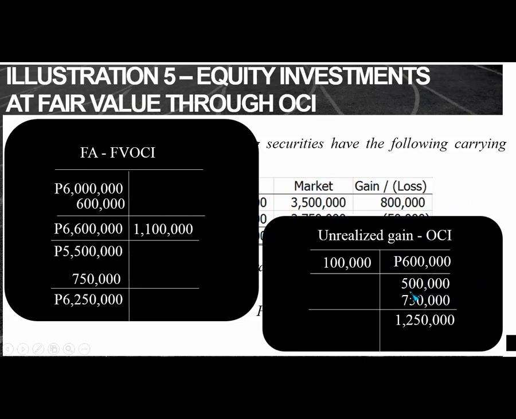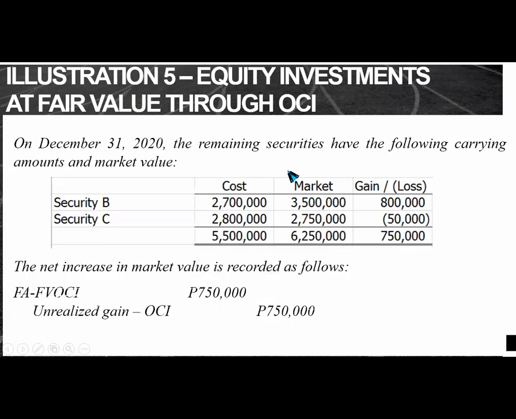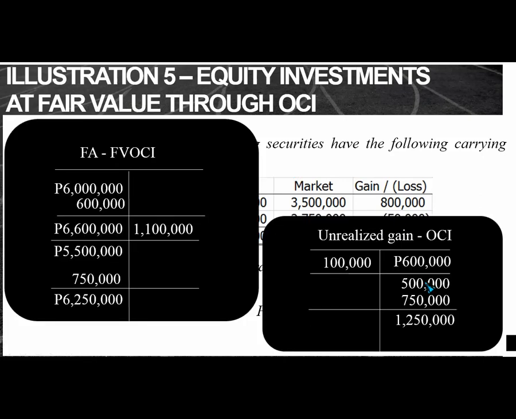Our answer will be 750,000. For the year 2020, you'll have 750,000. But if the question is how much to report in the statement of changes in equity, or the equity section, then that should be the cumulative balance, which is 1,250,000.